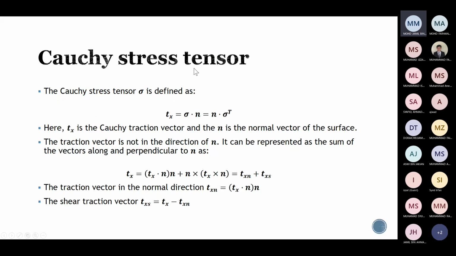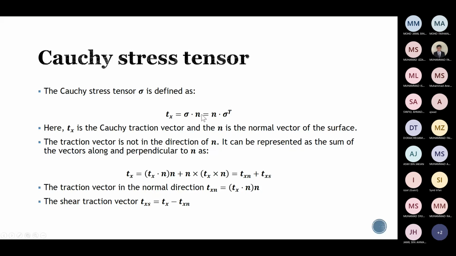The Cauchy stress tensor, we use the symbol sigma, is defined as Tx equals sigma dot n, where n is the normal vector of the surface area, or it equals n dot sigma transpose. So there are two formulas, but using the same stress.